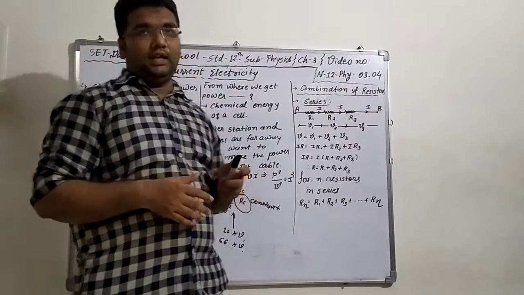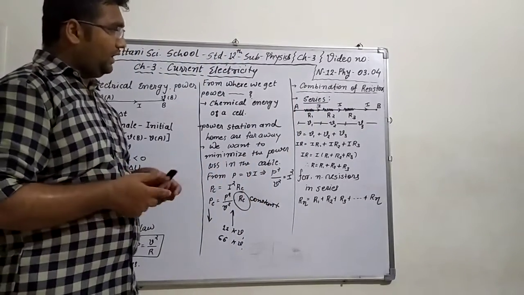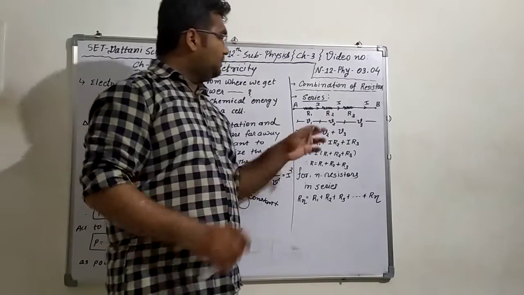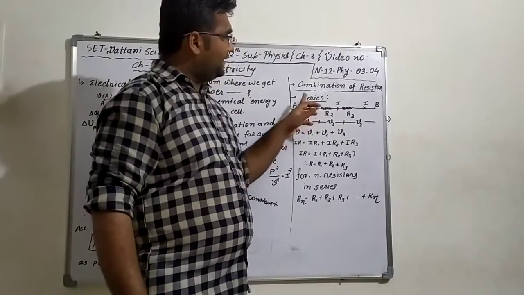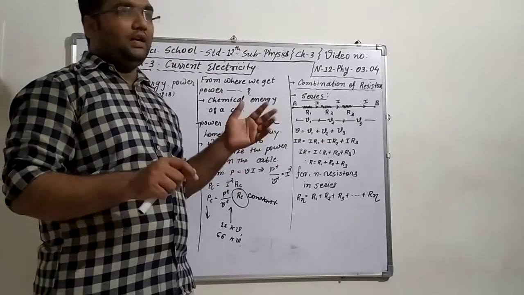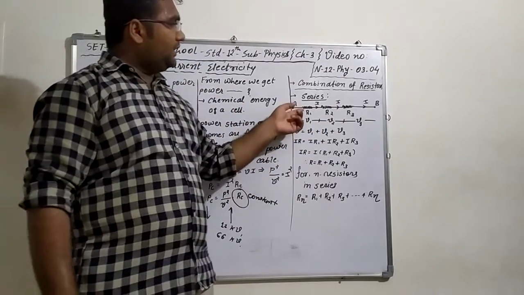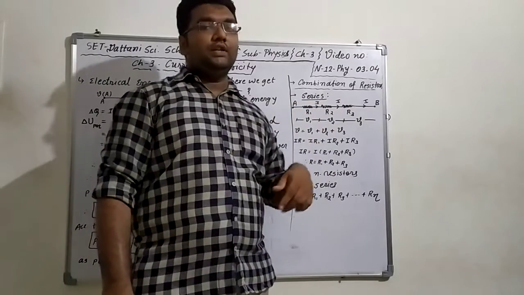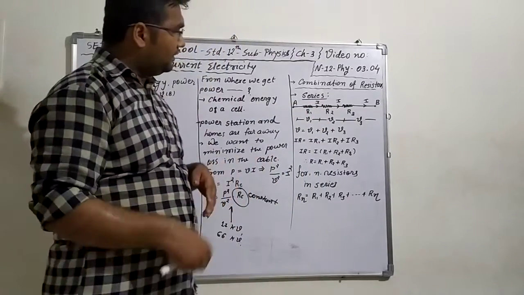What are these connections? There are two types of connection we will learn here. The first one is the series connection. In a series connection, like a train, all resistors are connected with each other end to end.